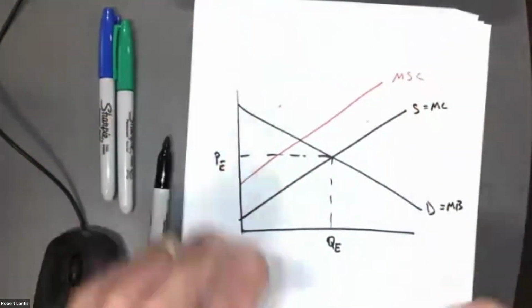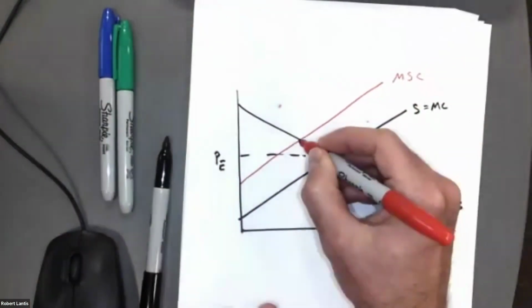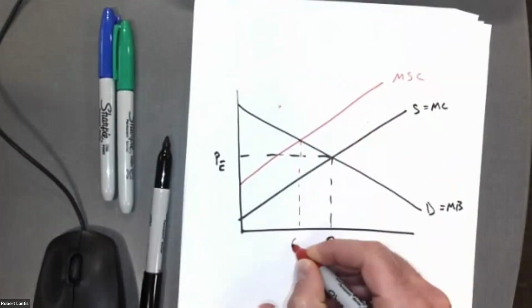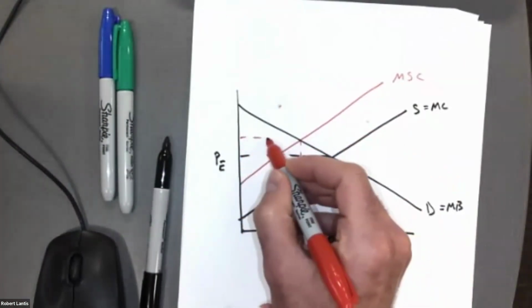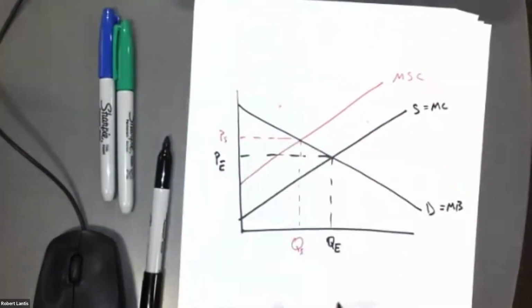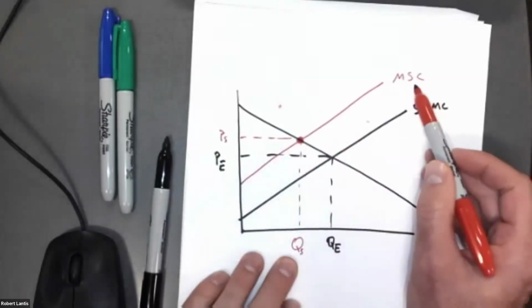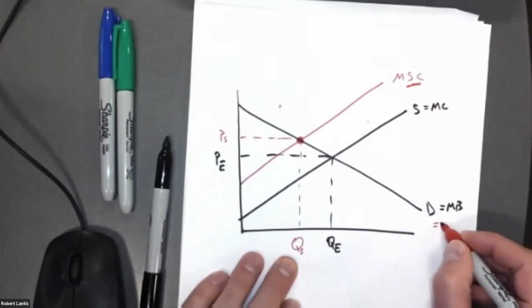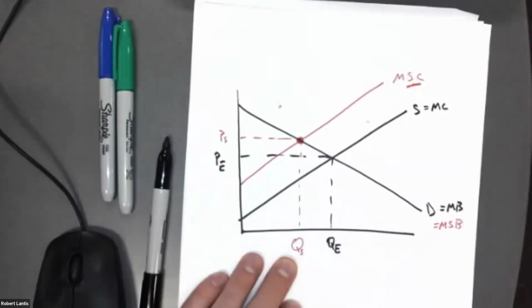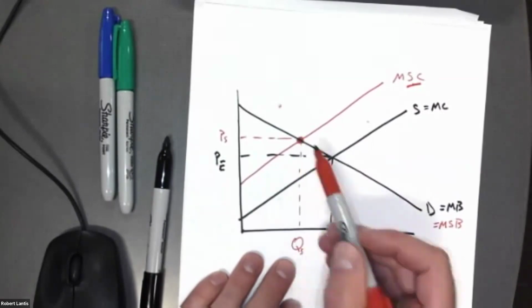So society's costs are up here. Society wants that equilibrium quantity and price to be here. So the socially efficient price and quantity would be where the marginal social cost is equal to, but with no positive externalities, the marginal social benefit is the same as our private marginal benefits. So that would be here.